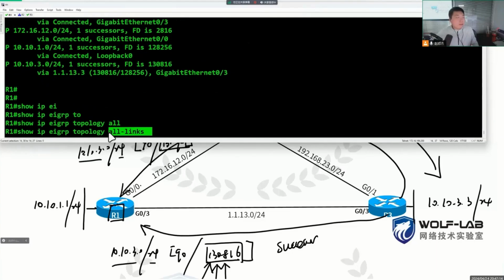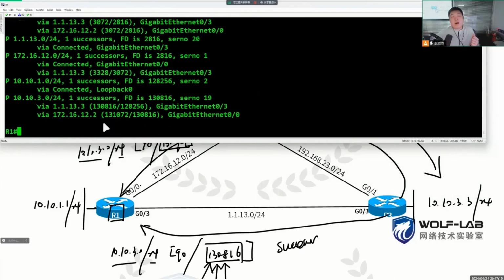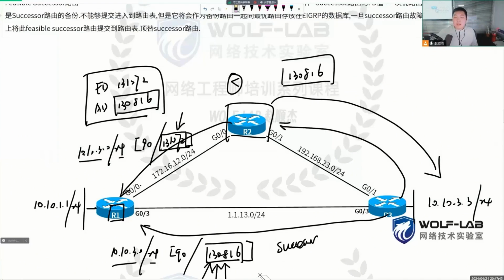With all-links, even if the conditions for feasible successor routes are not met, we can still see, for example, 10.10.3.0, the FD and AD values via R3, the FD and AD values via R2. The one with the smaller FD becomes our successor route, which is 130816, the route entry through R3. Because the AD equals the FD, there is no feasible successor route.